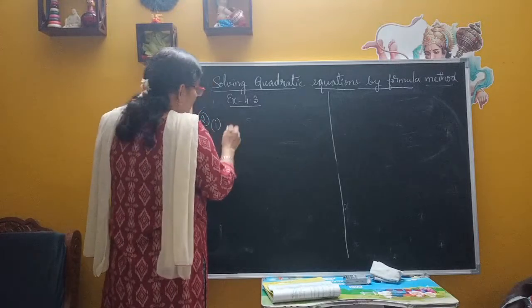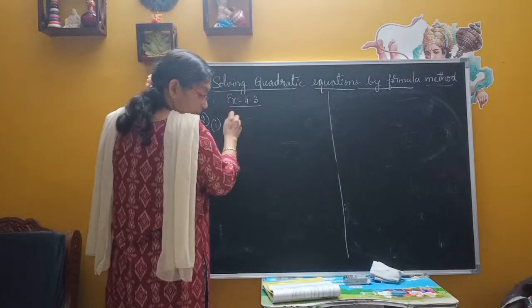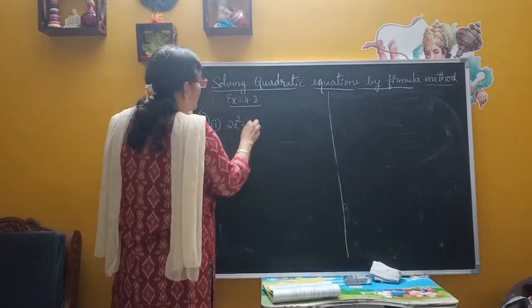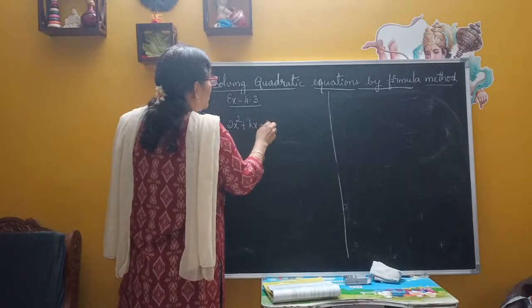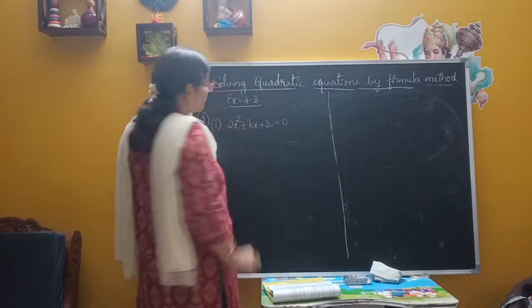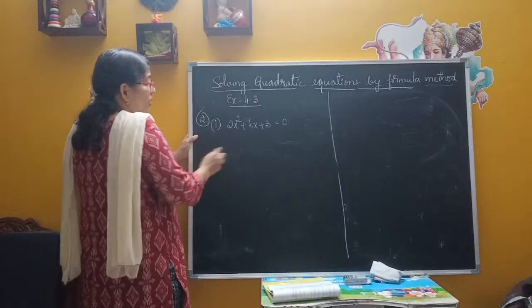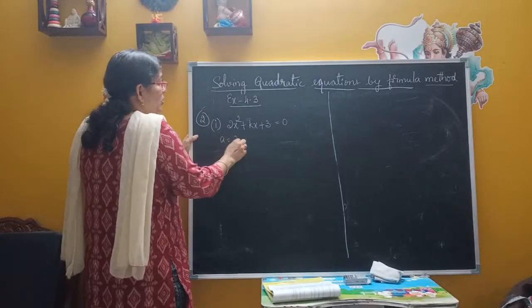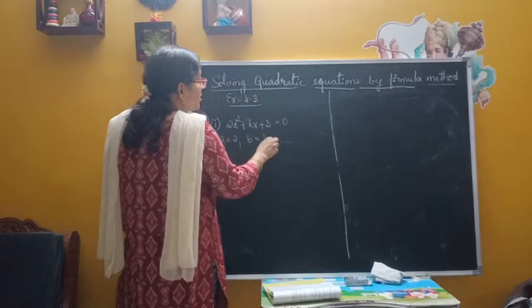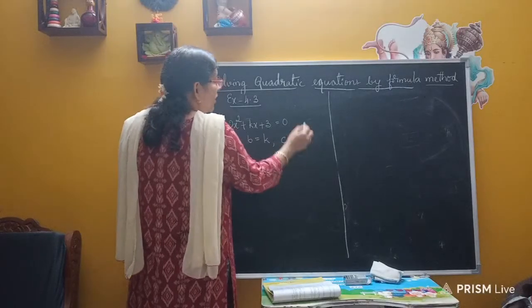2x square plus kx plus 3 is equal to 0. So a is equal to 2, b is equal to k, and c is equal to 3.